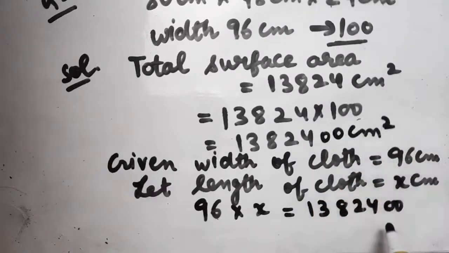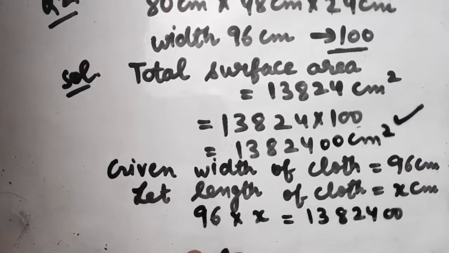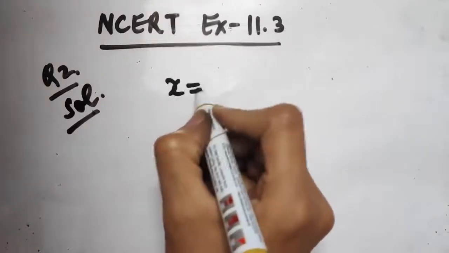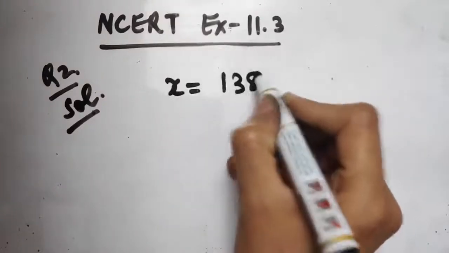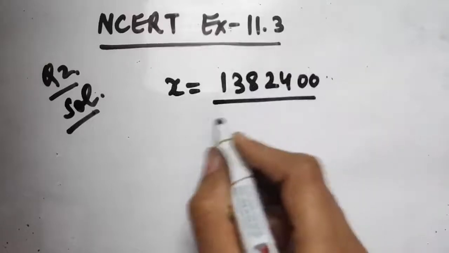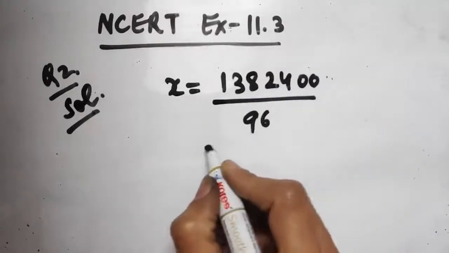So this much area, 96 into x, will be equal to the total surface area of 100 suitcases which we have calculated. X will be equal to the total surface area of 100 suitcases divided by 96.